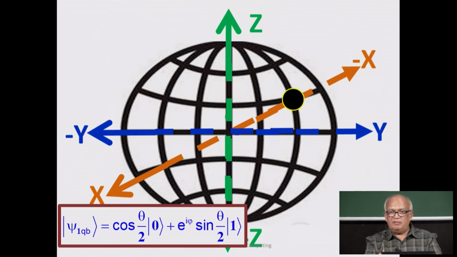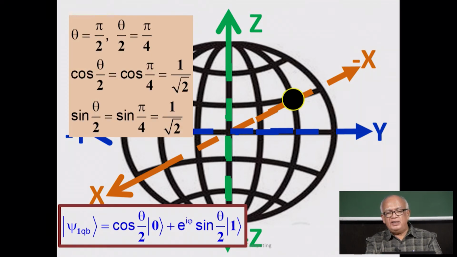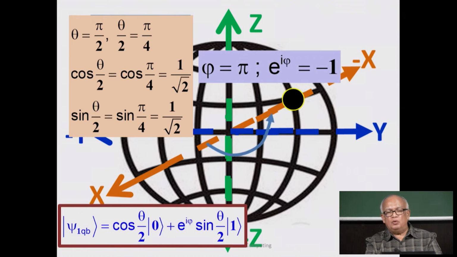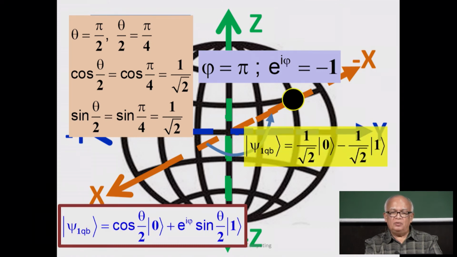Here again theta will be pi by 2 and phi would have gone from x to y to minus x, so it would have moved through pi, right. So, phi would be pi in this case. So, it is e to the I phi, which is cosine of pi, so you will get minus 1. Okay. So, this is again a superposition, but a different superposition.